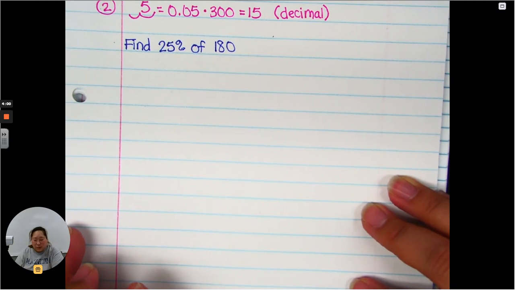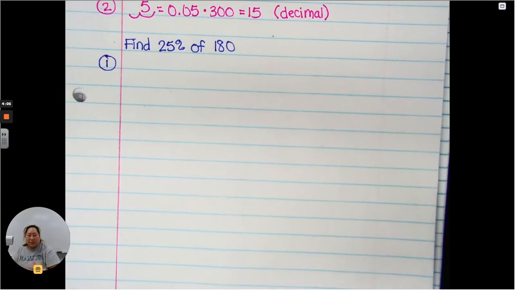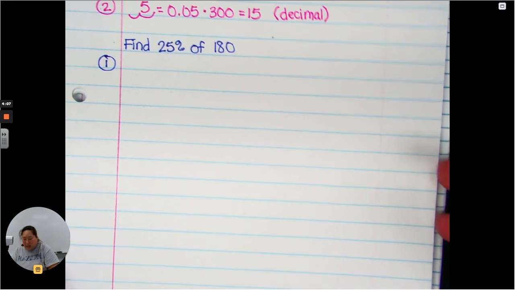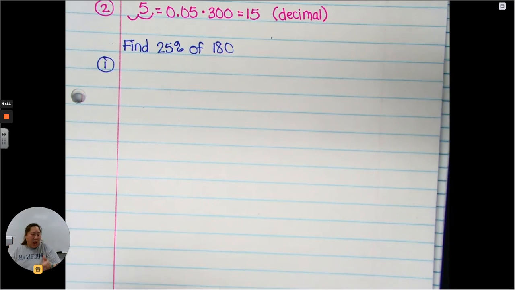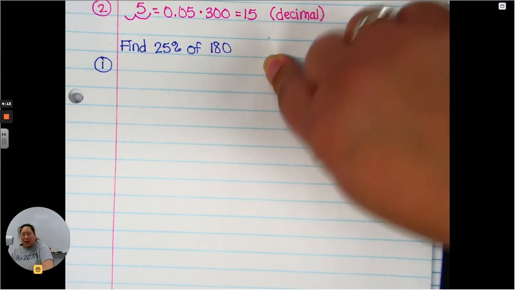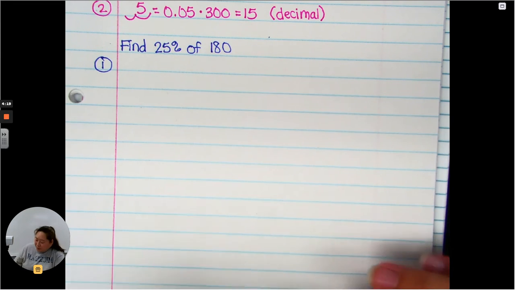Again, I'm going to do this in 2 different ways. I'm going to do this as a fraction and I'm going to do this as a decimal. And it depends on how it's phrased. If it says find 25% of 180 as a fraction, you would do it this way. If it says find 25% of 180 as a decimal, you would do it in version 2.